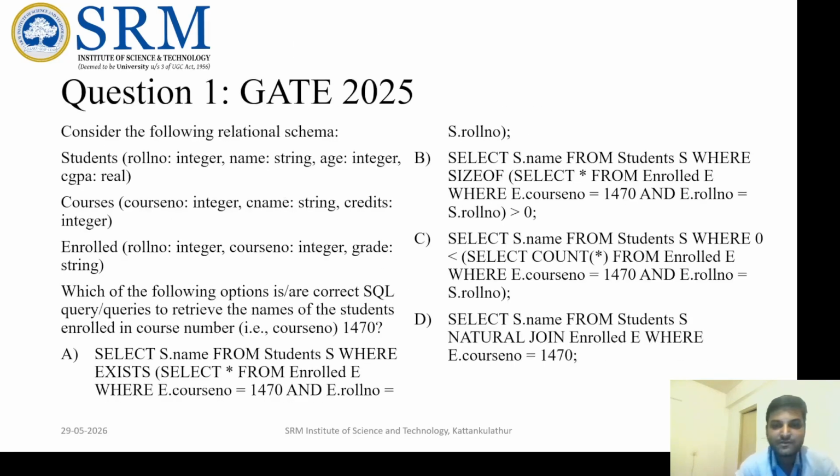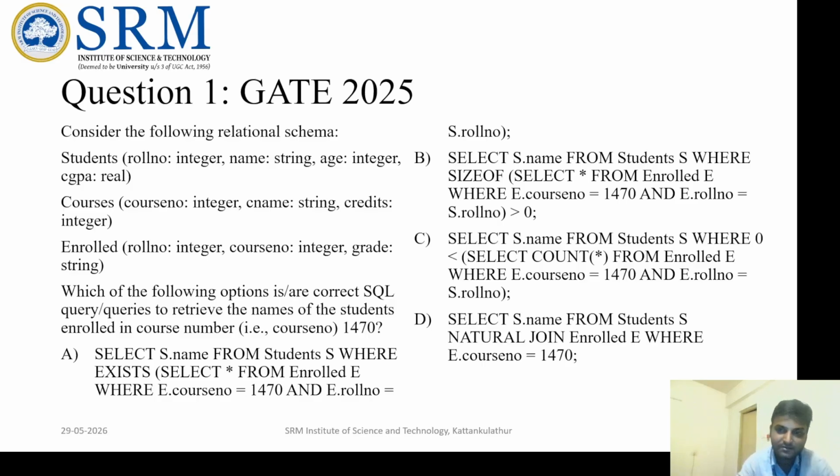Okay? Option C: select S.name from student S where 0 less than something. Here the student may be a little confused about the left-hand operand being a numeric value 0 and the right-hand operand being a query. But don't be confused, because it is allowed in SQL as well as in C++ concepts. That is, 0 less than a query: select count star from enrolled E where E.course number equals 1470 and E.roll number equals S.roll number.